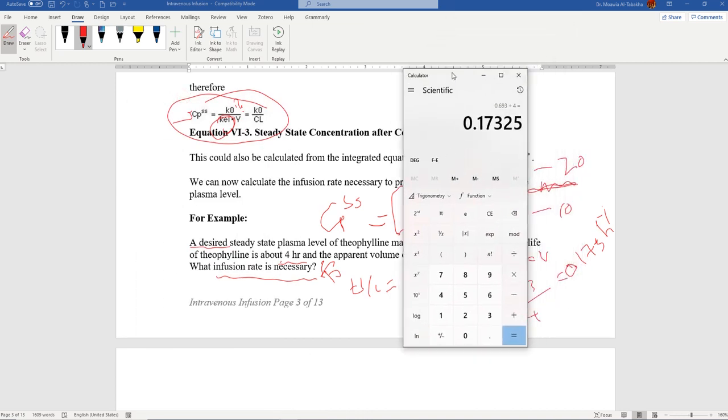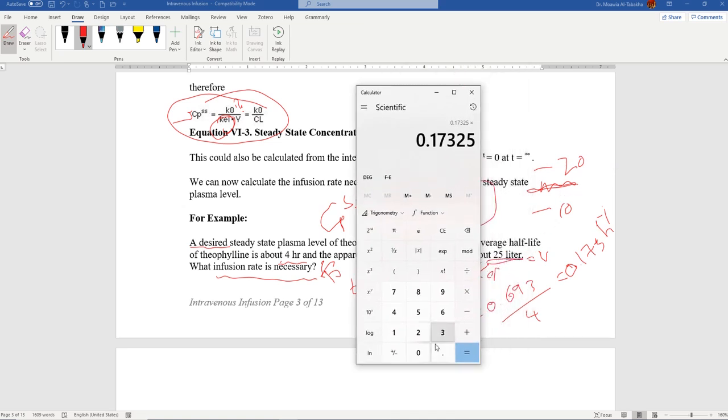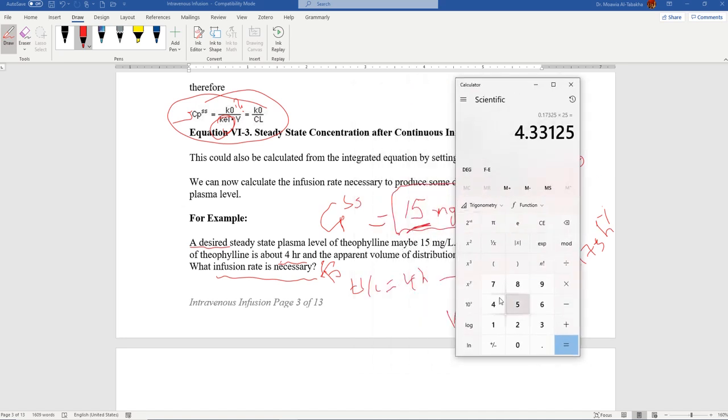So let me multiply KEL by V by CPSS. V is 25 liters, then I multiply it by the desired concentration, 15 milligram per liter.